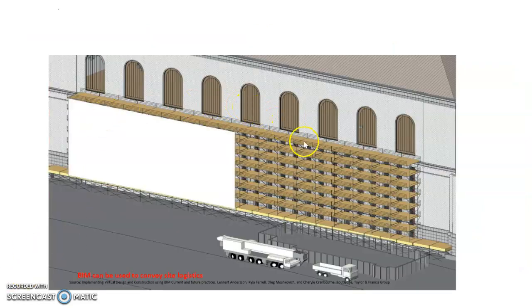This picture shows you the BIM model that is used to take into account the provision of the scaffolding and the formwork that is put up for the actual project, as well as the movement requirements of the cranes or the equipment to provide for the logistics for the project.